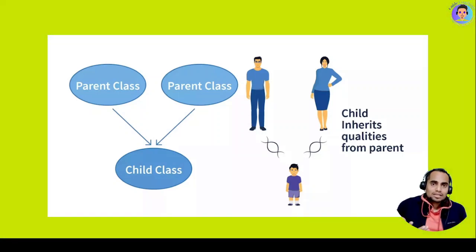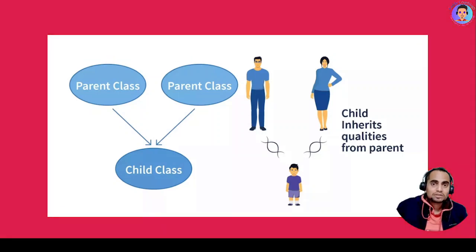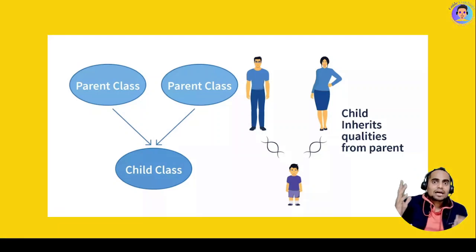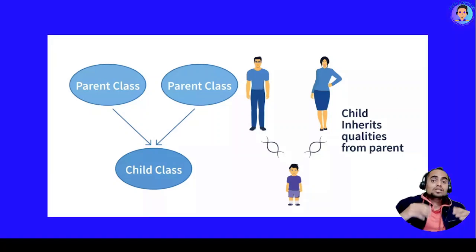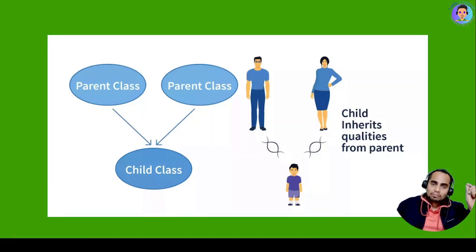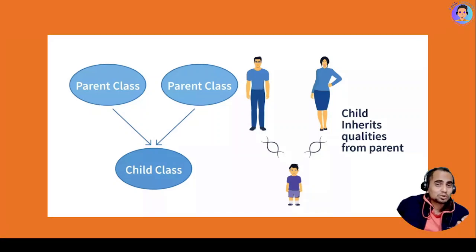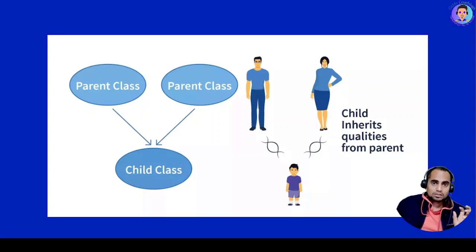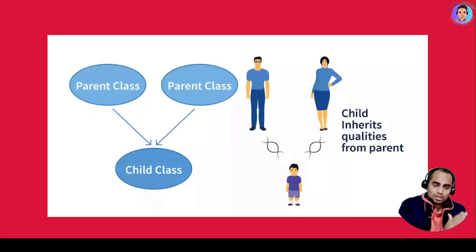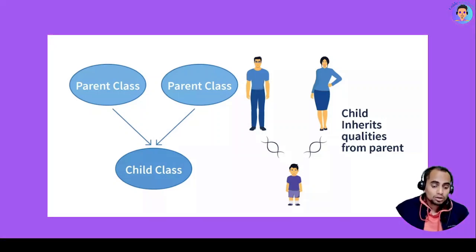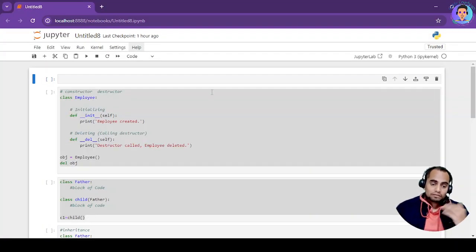It is not taken from the father, but he has adapted it, derived it. So the father also has it and the child also has it. It's not like the father has given the literal eyes to the son. No, that is not happening. He is deriving the properties, acquiring certain attributes from his father or his mother. Okay, so that is how inheritance works in the real world. Now we will quickly jump onto the practical window.